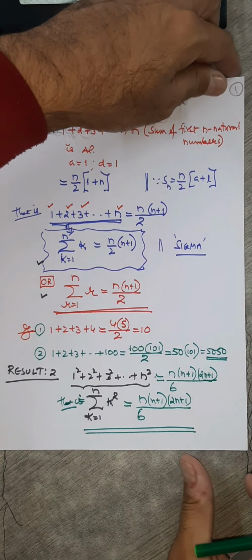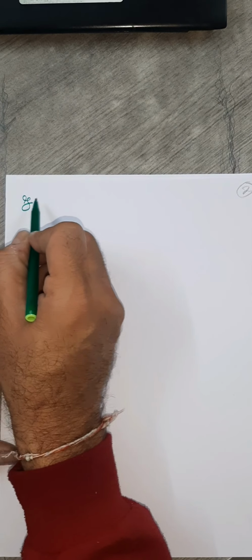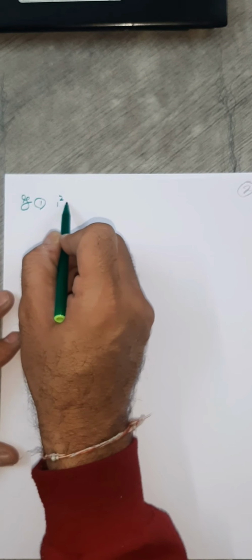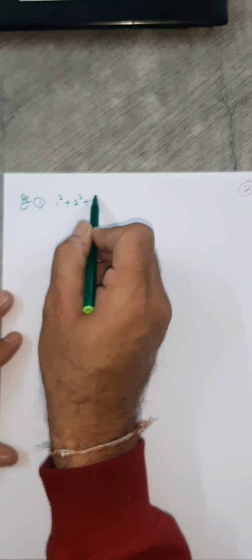For example, if I take this here, I want to get this. Let's try it here. Let me write, for example, first, I want to get 1 square plus 2 square plus 3 square. Now directly you can do it easily. What is direct summation?